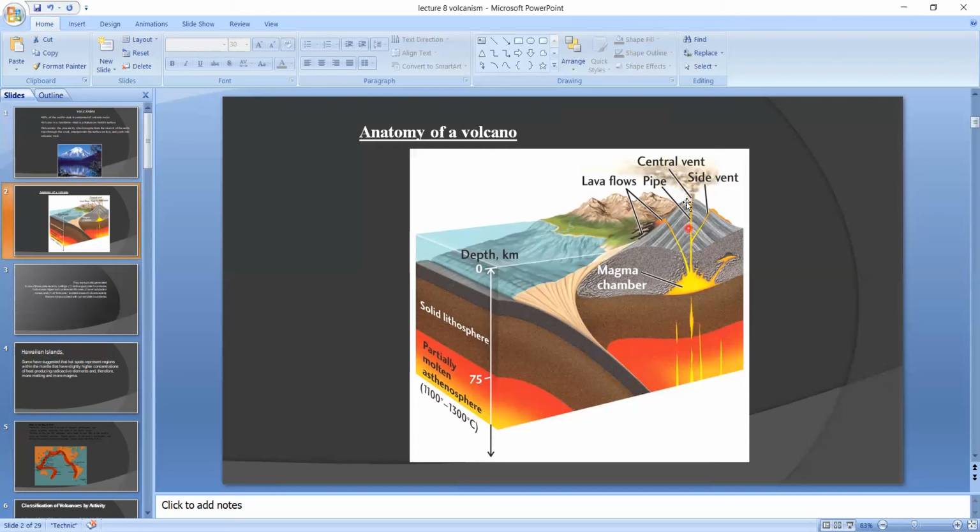If it comes from the central pipe or central vent, it is called a central type fissure, or if it comes out sideways other than central, then it is called side fissures. This is the lava flowing. Here you can see the temperature.